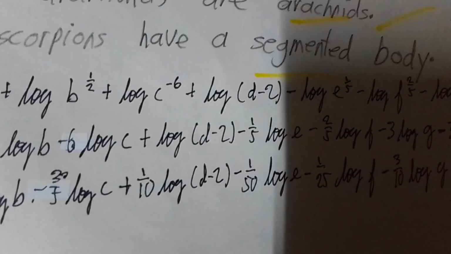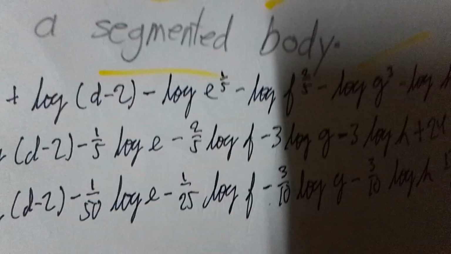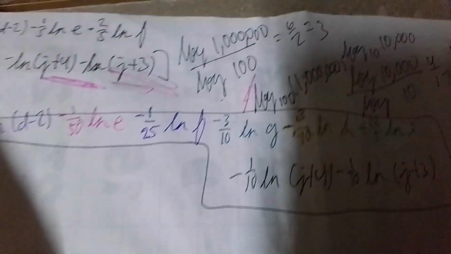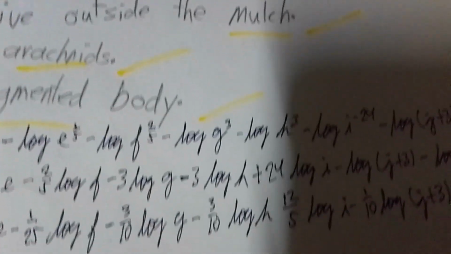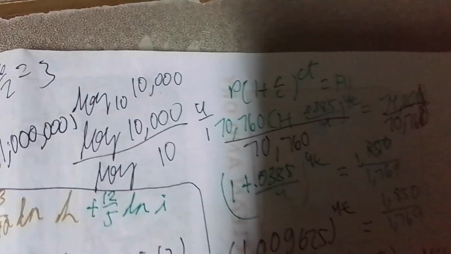Negative 3/5 log of C. 1/10 log of quantity D minus 2, negative 1/50 log of E. Minus 1 over 25 log of F. 3/10 log of G, negative 3/10 log of H. Yes, 12 over 5 log of I. And then minus 1/10 log of J plus 3. Tama! And that's correct.